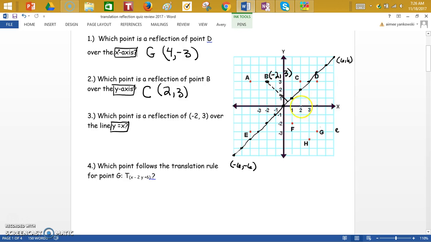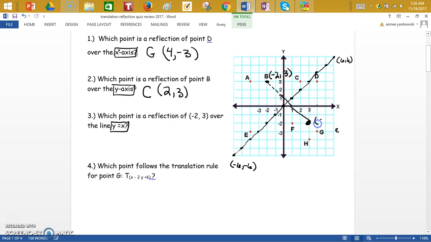Well, it's going to land somewhere over here. Went through about 2.5 boxes, so we're going to go through about 2.5 boxes on the other side. I'm saying it's going to land somewhere about here, and we're going to check to be sure that is where it really lands. If I put my mirror on this line and I reflected B over that line, I see how many boxes it cuts through above that line, and I go that same distance on this side.